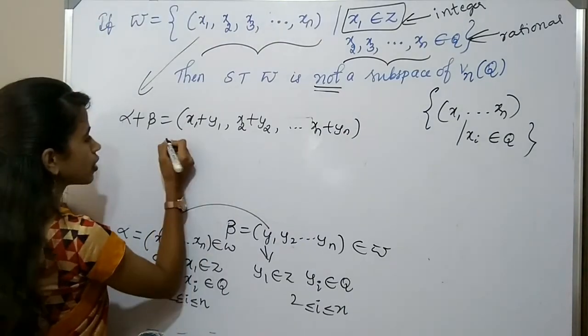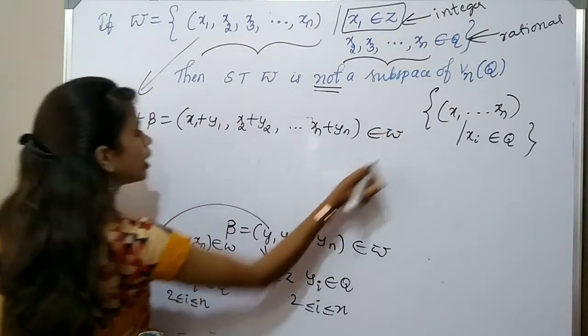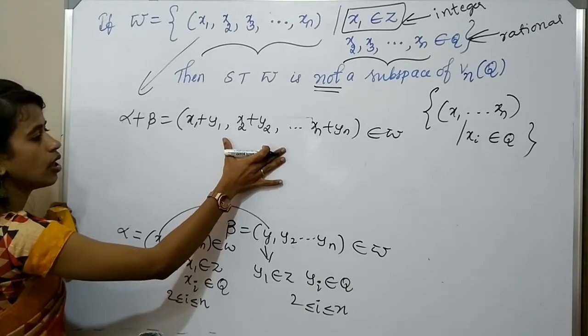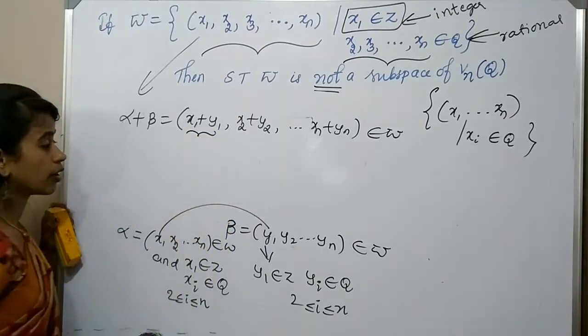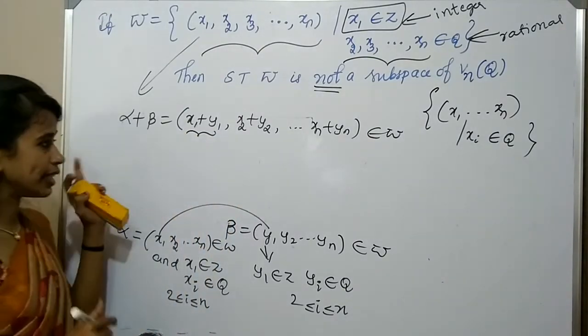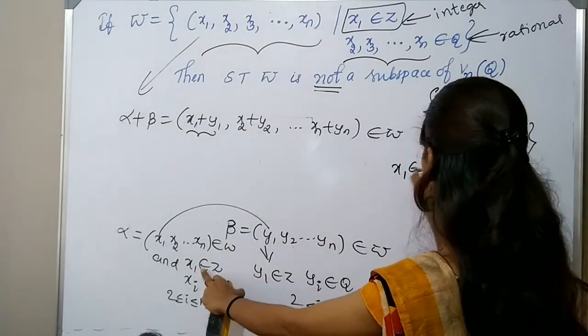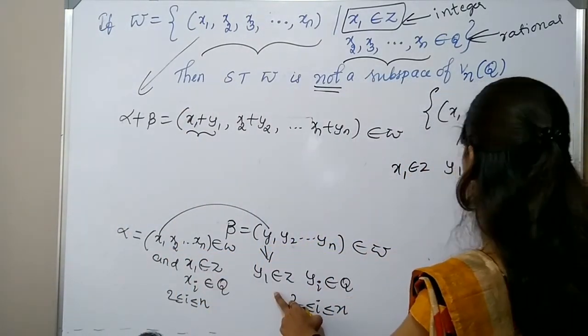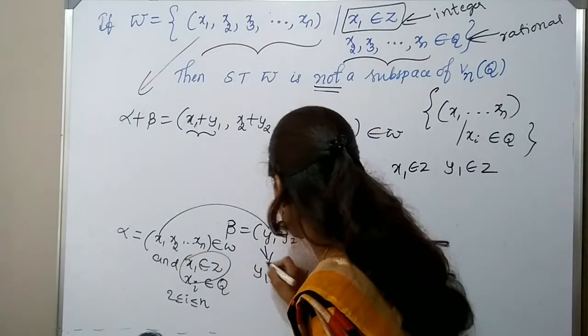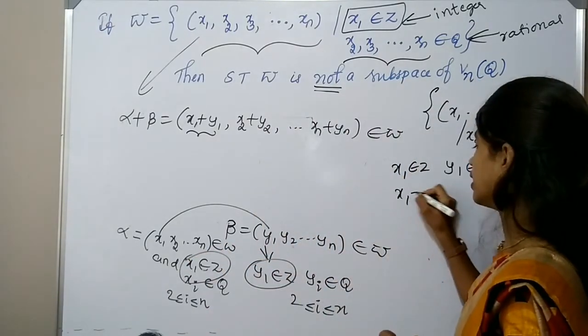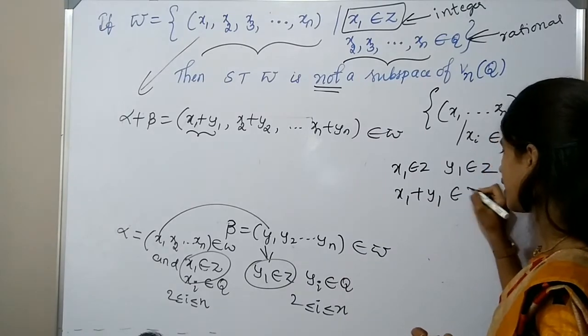Does it belong to W? To be in W, it must be an n-tuple, and the first coordinate must be an integer. Is it an integer? Here x1 belongs to Z and y1 also belongs to Z, and the sum of integers is again an integer.